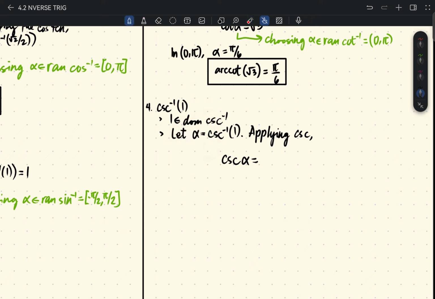That will just give you 1. And when does this happen? Take note, cosecant of alpha is just the same as 1 over sine alpha. So you have here 1 over sine alpha equals 1. And this is just equivalent to saying that sine alpha equals 1.